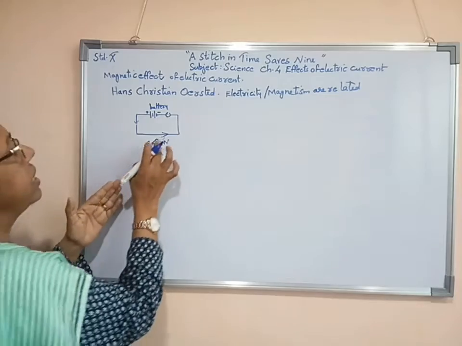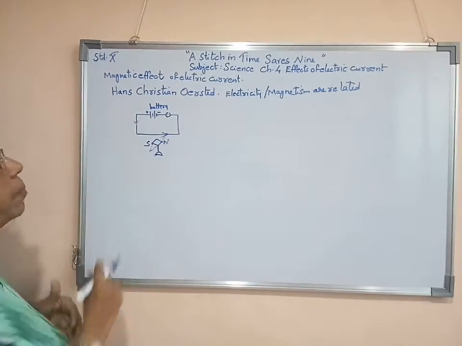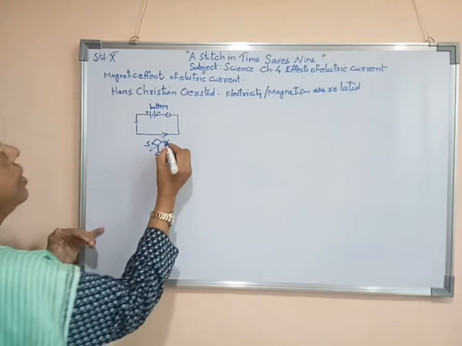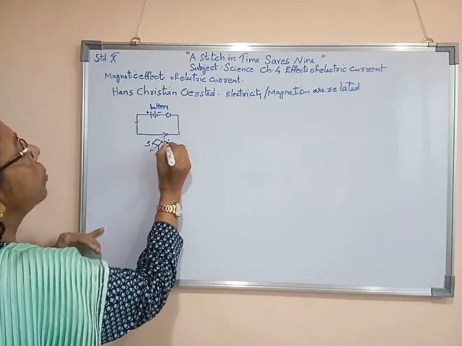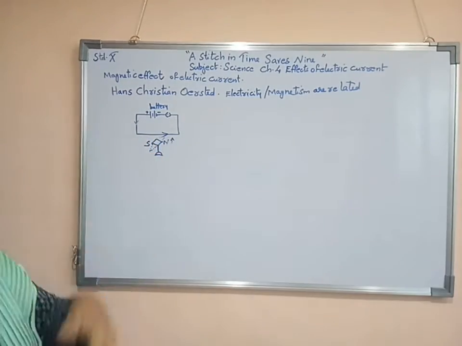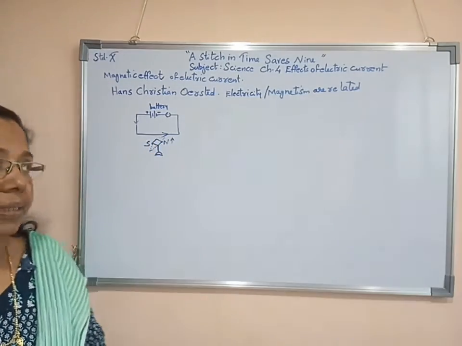Here the deflection is shown by the north pole of this magnetic needle. As a result, this magnetic needle is deflecting towards the direction of the current.